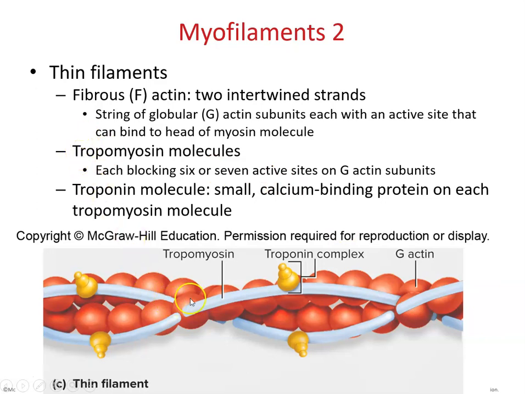So tropomyosin typically blocks the active site until the active site needs to become usable. And then we have troponin. Troponin is sitting on top of the tropomyosin, and the troponin is where the calcium binds that allows for the tropomyosin to move, that allows for the actin to interact with the myosin and cause a muscle contraction.